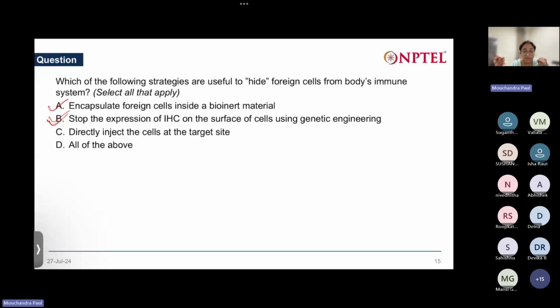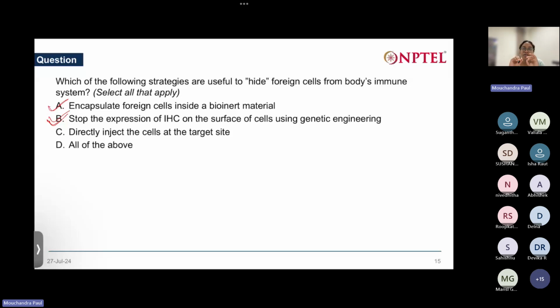Now, the encapsulation should be such that there is a continuous flow of oxygen and nutrients from the host body to the foreign cells, but it should not allow the entry of immune cells. So we have to encapsulate in that way. There should be some degree of porosity. We can play with the porosity of our polymer.